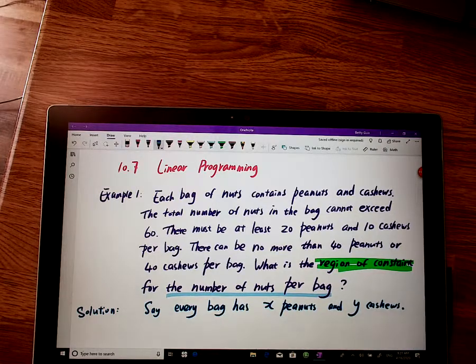X and y are the number of peanuts and cashews per bag. So we need to find the restraints on the variables x and y.